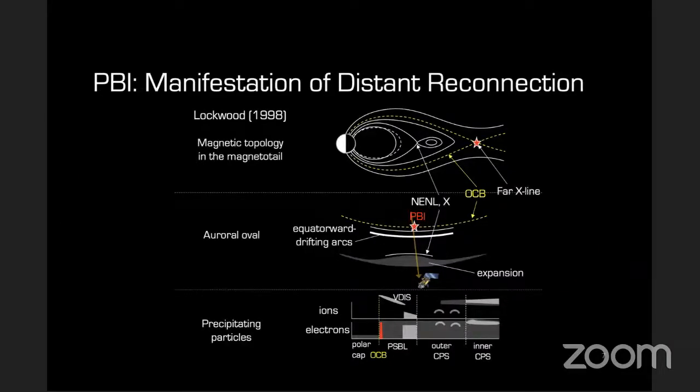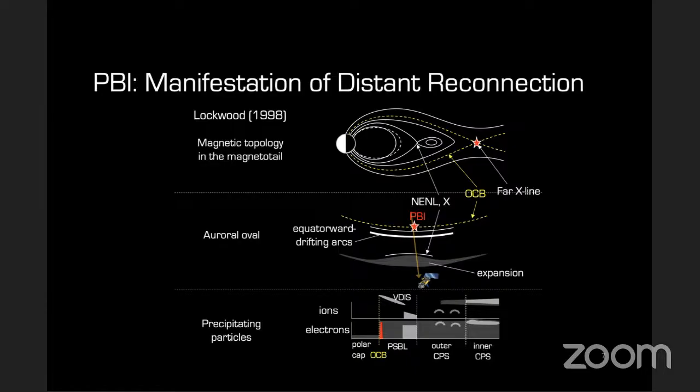This is a schematic picture obtained from Rockwood 1998, which shows the relationship between magnetic topology in the magnetotail, PBI in the nightside oval, and the expected latitudinal profile of precipitating particles across the oval.